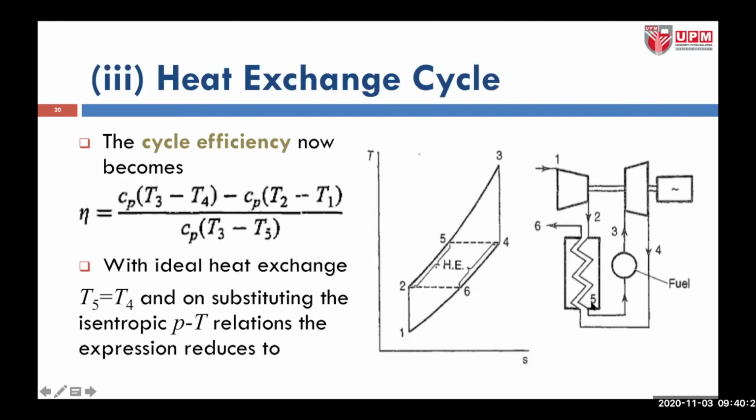It is perfect where the air coming into the combustion chamber is already being prepped to a very high temperature, and ideally we want it to be very high so that the combustion chamber doesn't work so hard. So T5 is assumed to be T4.